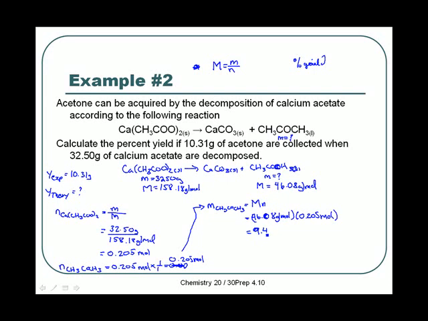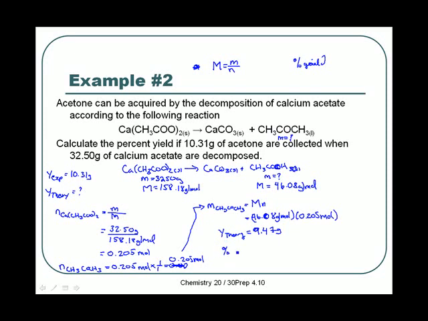So 9.4, and that would be an 8, or a 7, sorry, 9.47 grams. This is our yield, and it's the theoretical, because that's what we calculated. We calculated this is how much we should get.